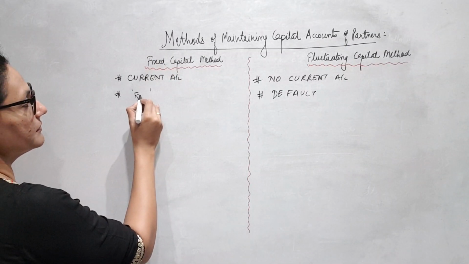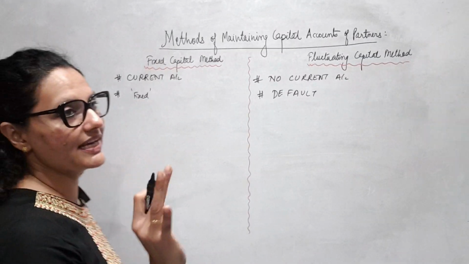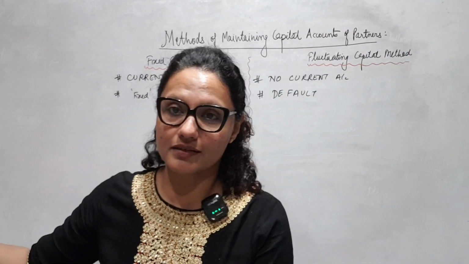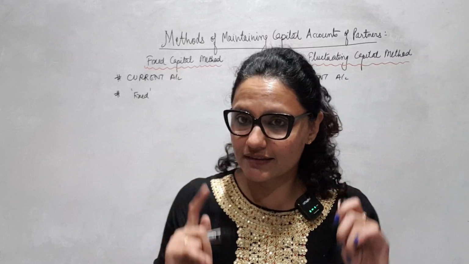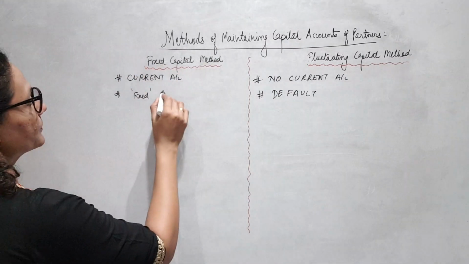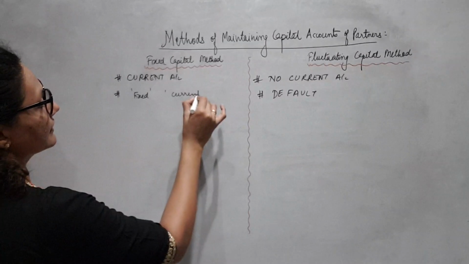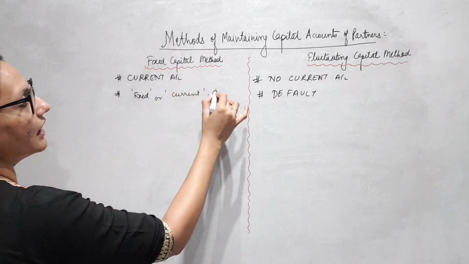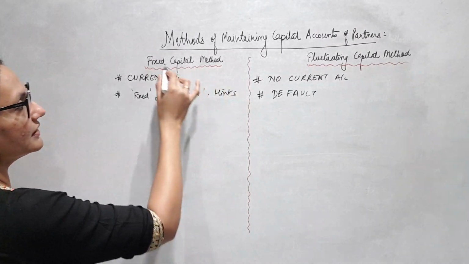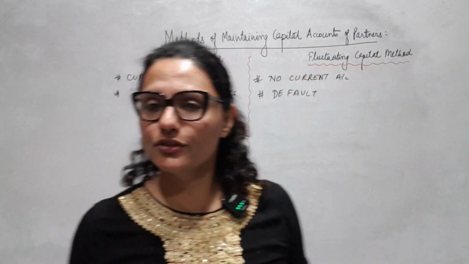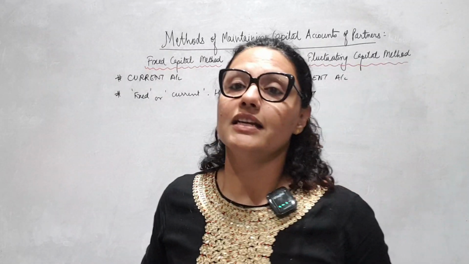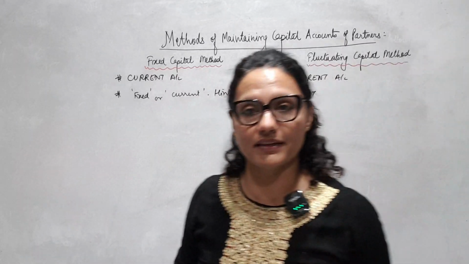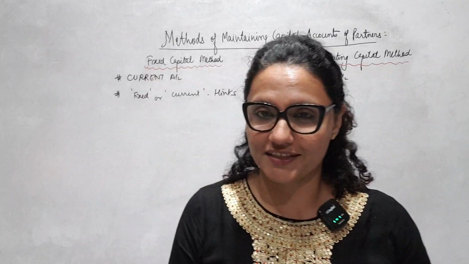If the word fixed capital is mentioned anywhere in the sum, partners maintain fixed capital, or the fixed capitals of the partners are so and so, or you are supposed to make the current account of the partners. If they say any such words, these are the hints towards fixed capital method. So you will have to understand like that. If nothing as such is given, that means it is fluctuating capital method. No need of current account here.